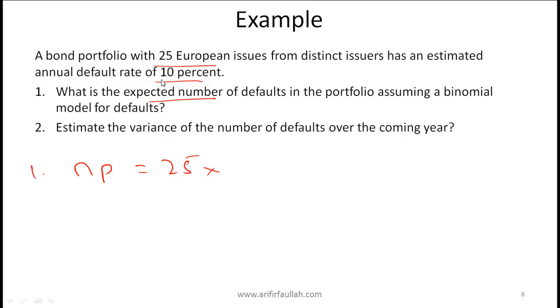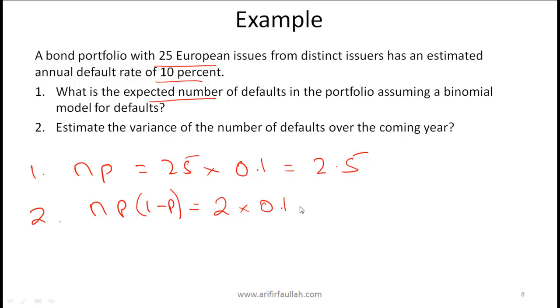Success here is defined as a default, so into 0.1, 10%, so that is equal to 2.5. What's the variance? Variance is n into p into 1 minus p, which is 25 into 0.1 into 0.9, and you can do the maths there.